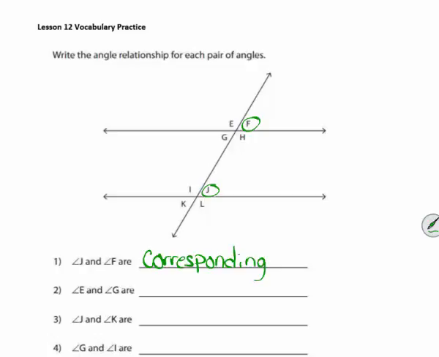Right, those are corresponding to each other. All right, let's try E and G. All right, so here's E, here's G. Well, those make a straight line, so these are a linear pair, and they're supplementary.